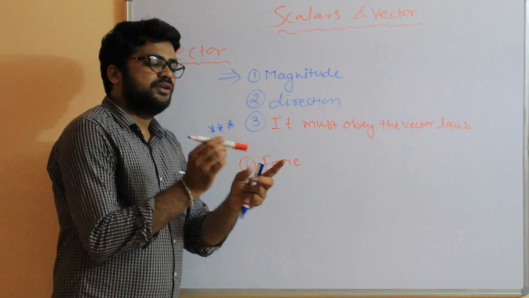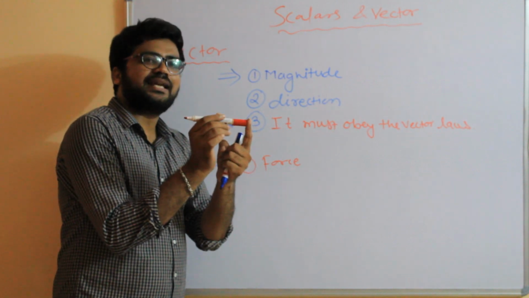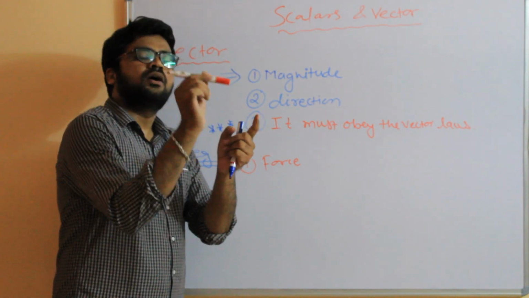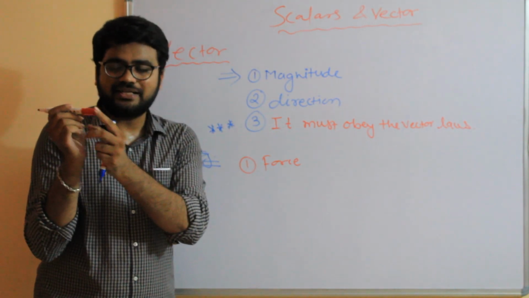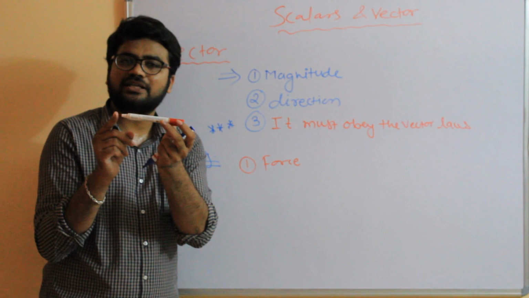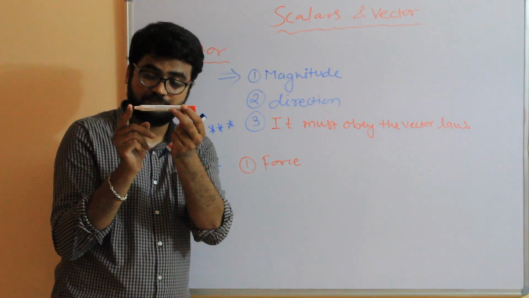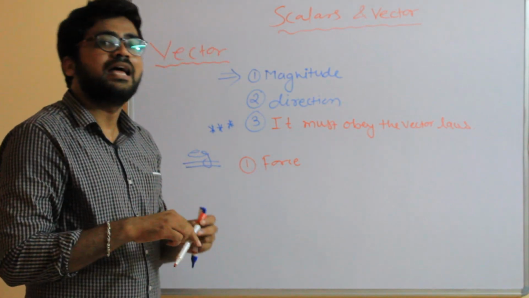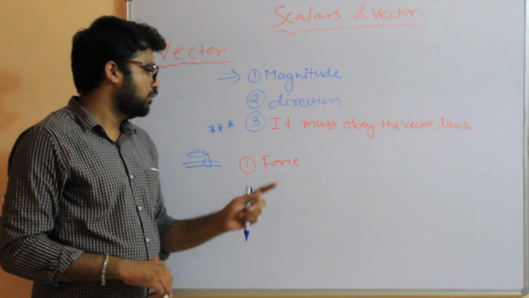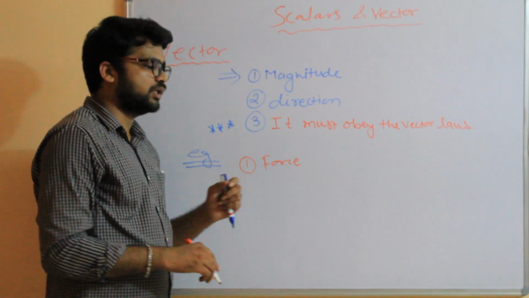Why? Because see, if I apply a 2 Newton force in this direction, this pen will go in right hand side direction, right? And if I apply this force in this direction, this pen will go in left hand side direction. So direction of force is important, right? So force is a vector quantity.